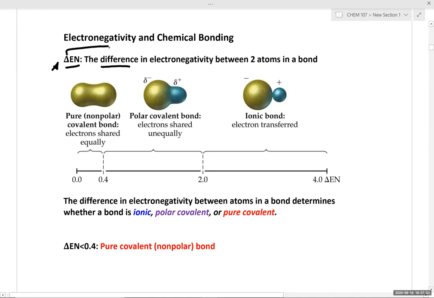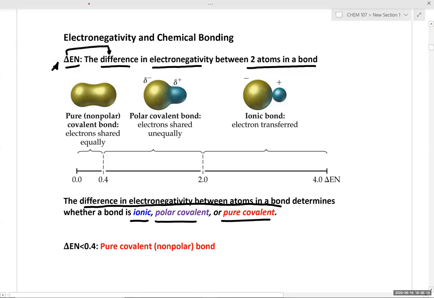Just for your future science classes, when you see this delta symbol, think difference. Delta EN is the difference in electronegativity between two atoms in a bond, and the difference in electronegativity between atoms in a bond determines whether we have an ionic, a polar covalent, or a pure covalent bond.